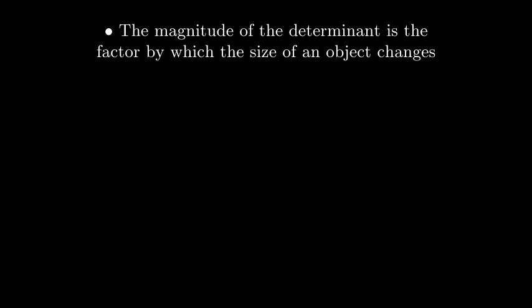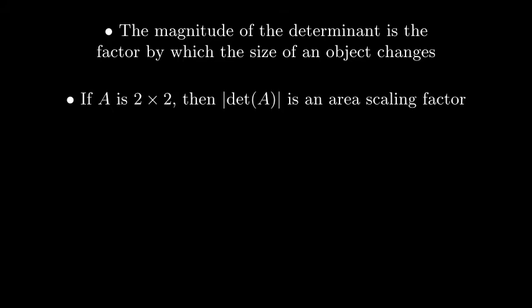So what should we take away from this video? The magnitude of the determinant of a matrix is the scaling factor by which the size of objects change during the transformation defined by that matrix. If the matrix is 2 by 2, then we're talking about the area scaling factor.